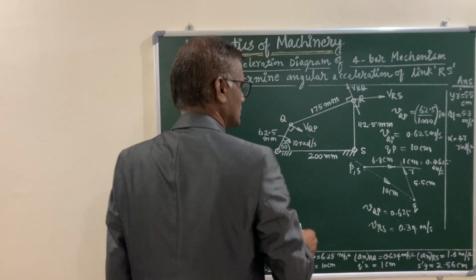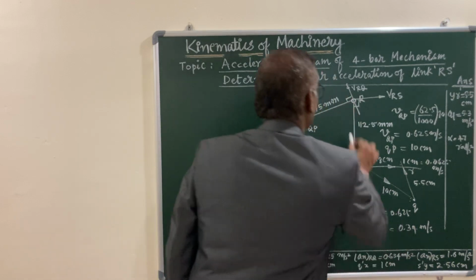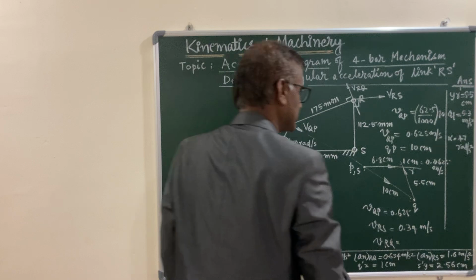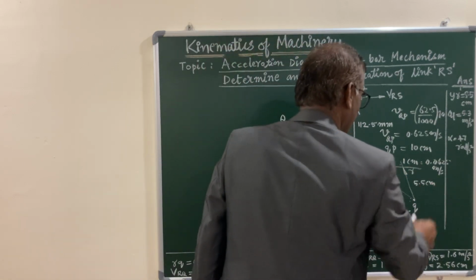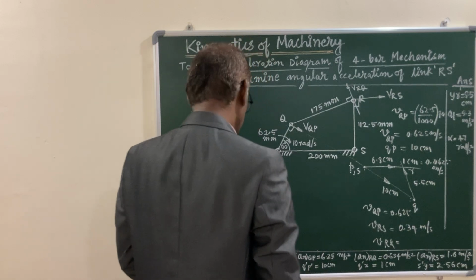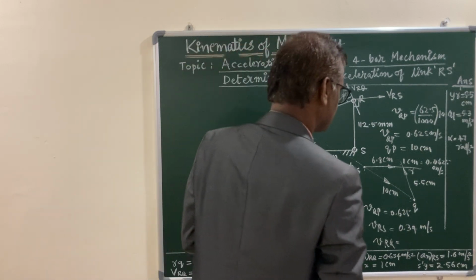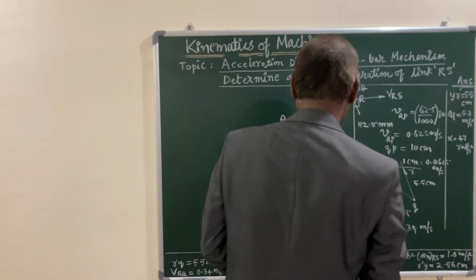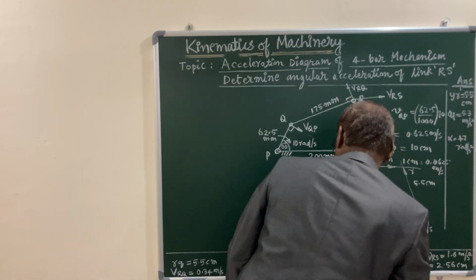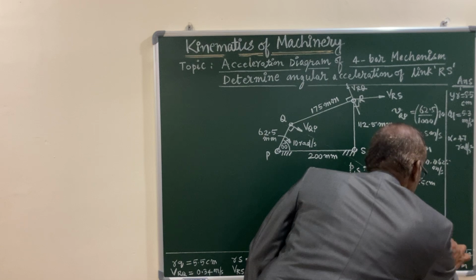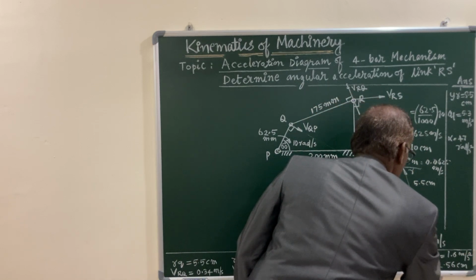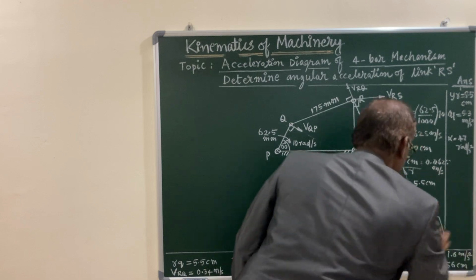And the velocity of RS is 6.8 into 0.0625, which is 0.426 meters per second. So you got the velocities of all the links.